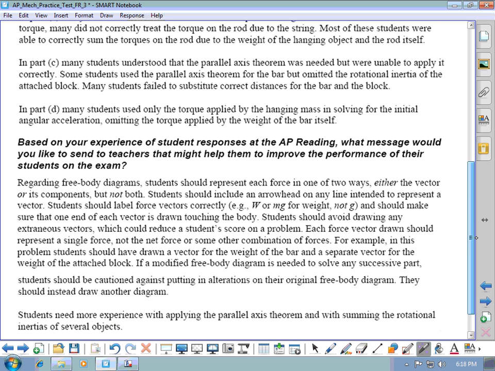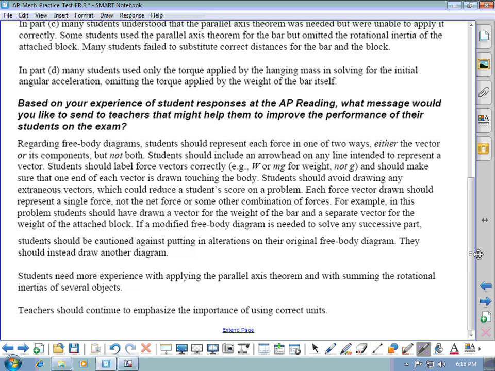So there are suggestions. Based on your experience of student responses, what message would you like to send to teachers and to their students? Regarding free body diagrams, students should represent each force in one of two ways, either the vector or its components, but not both.